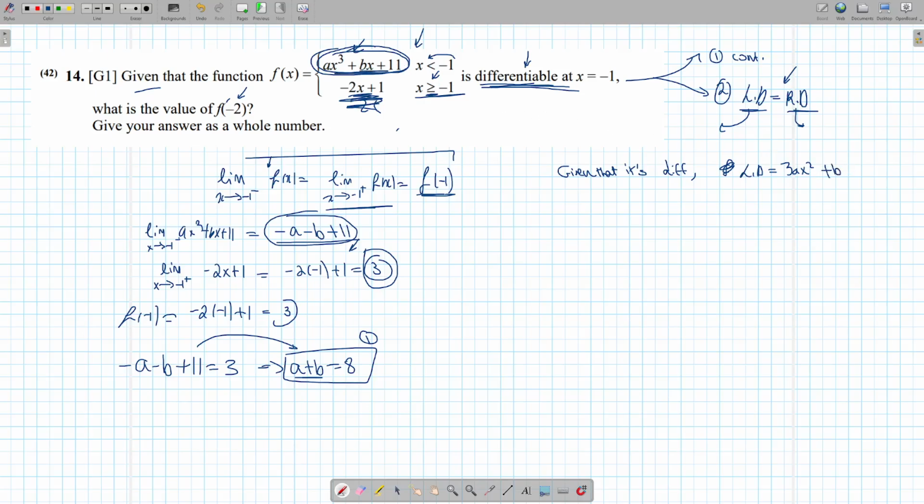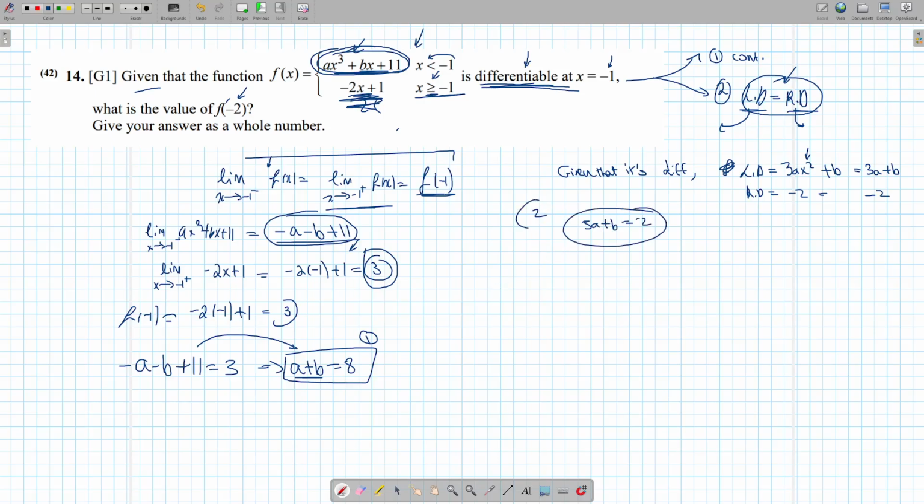And the right differential is equal to -2. We're talking about x equals -1, so you have to change this x to -1. So 3a times -1 squared plus b, which is 3a plus b. And this is equal to -2. We're saying they have to be equal. So 3a plus b equals -2.